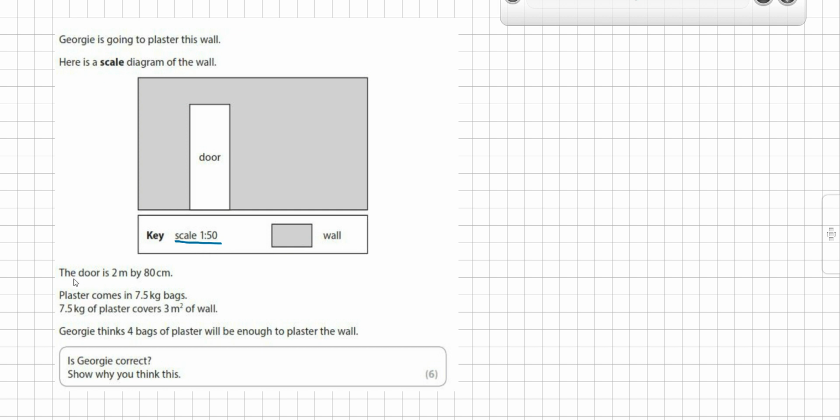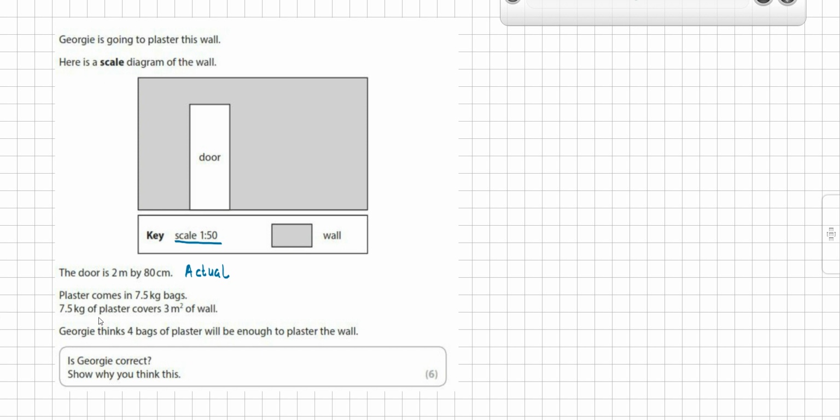The next thing is that it gives us the measurements of the door, and this is the actual measurements, not on our drawing, clearly because it says 2 meters. But the other thing that should stand out is that the door measurements are giving you 1 in meters, 1 in centimeters. And we don't like that. We want them both in the same unit.